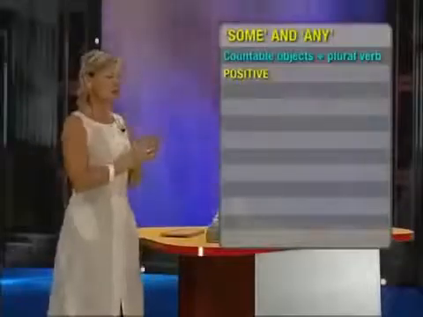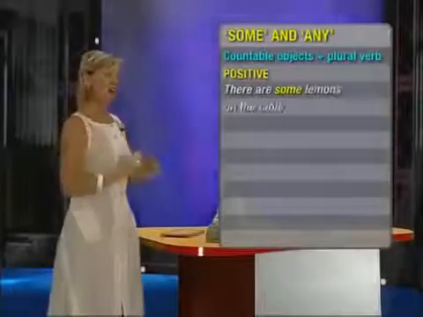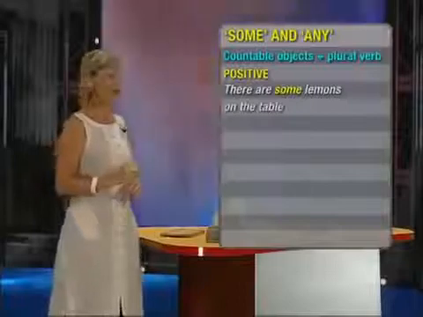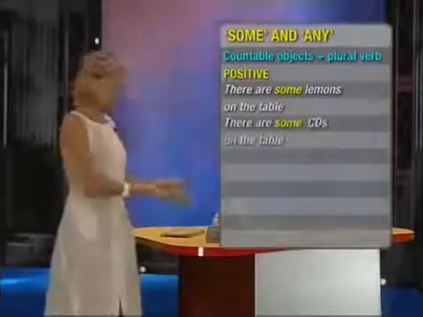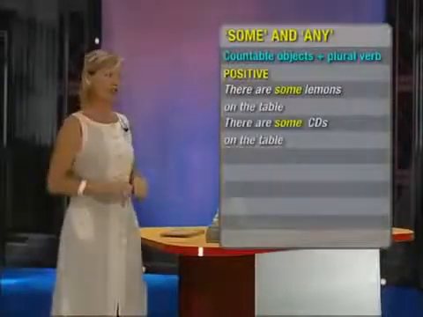It's quite difficult, hey? Let's look at the screen to see that written, all right? And we will do a general summary. So we said countable objects in the plural. In the positive form, we say there are some lemons on the table. There are some CDs on the table.